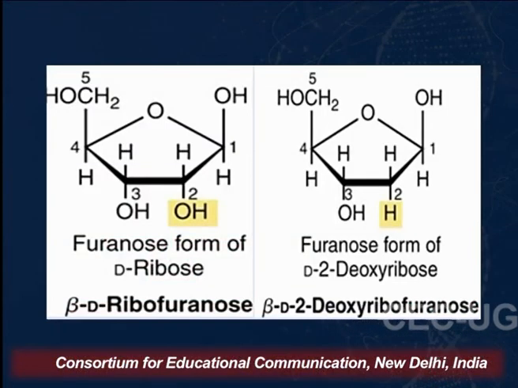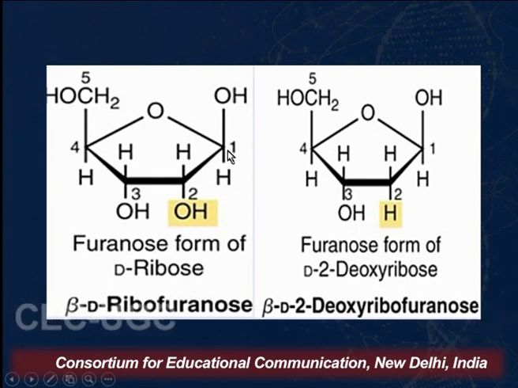So now let us look into the structure of the furanose form of D-ribose and 2-deoxyribose. When we look into the structure, we'll start doing the numbering from here, and when we are talking of DNA and RNA, these numbers will be indicated with prime, that is 1 prime, 2 prime, 3 prime, 4 prime. That is in order to distinguish the numbering between the carbohydrate moiety and the nucleobase.